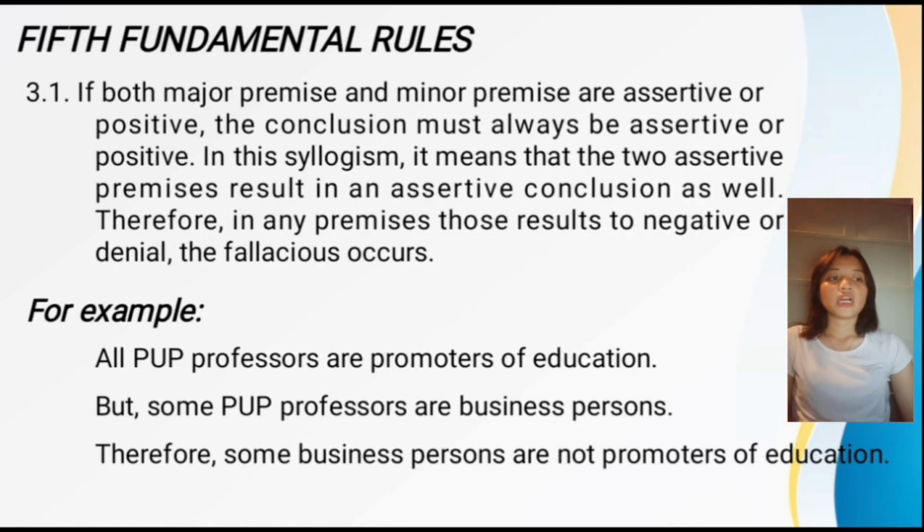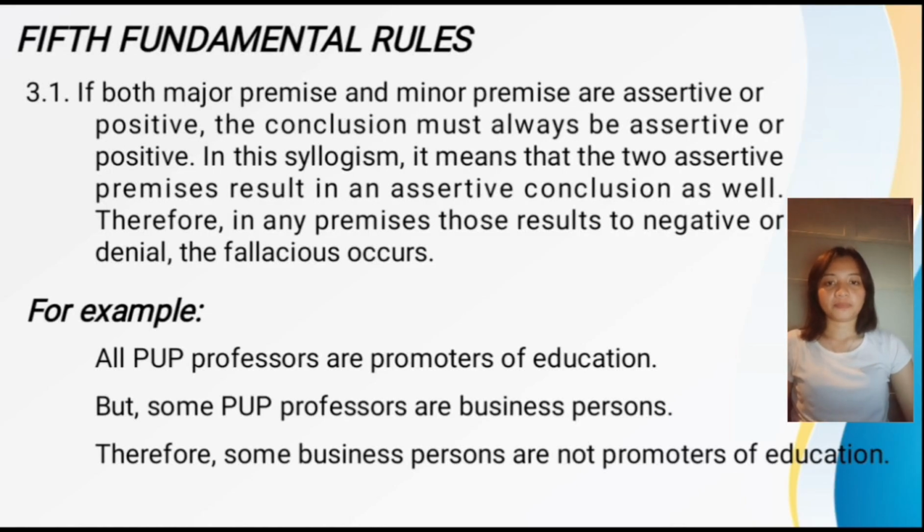So the consistency is lost because of the switch, showing the fallacy of a negative conclusion. In this rule, when both the major and minor premise are positive, it is important that the conclusion is positive too. It cannot suddenly switch to negative, because that's when the fallacy occurs, since the overall statement loses its connection.